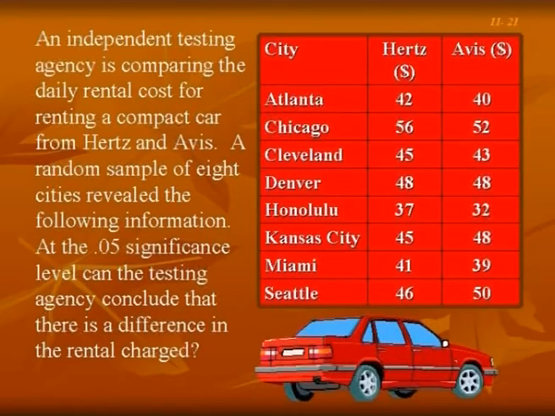In Atlanta, the Hertz price is $42, and the Avis price in the same city is $40 for a specific car. Similarly, we have Chicago and the other cities, with different data.